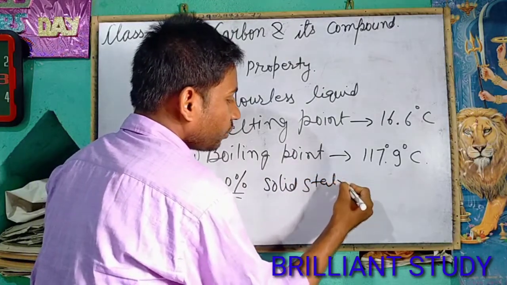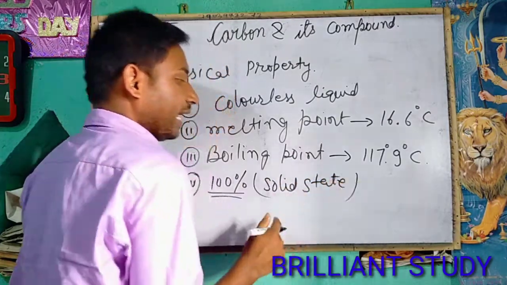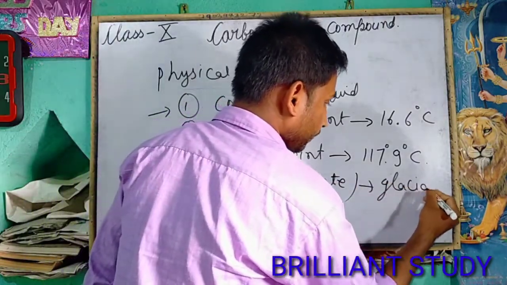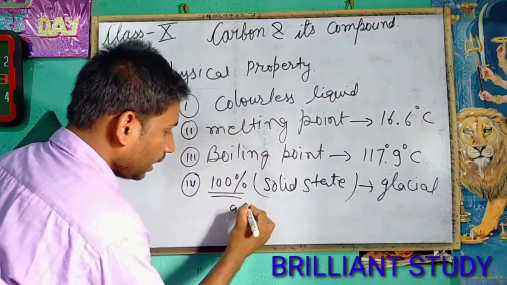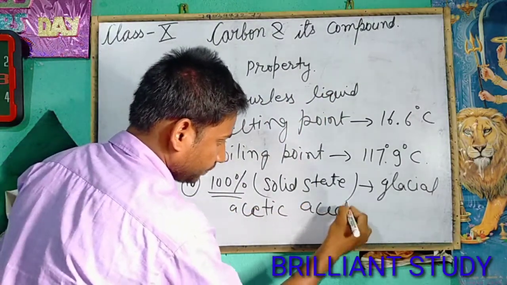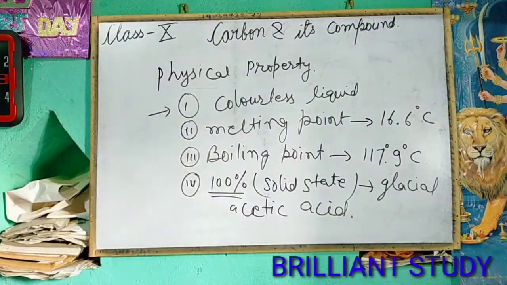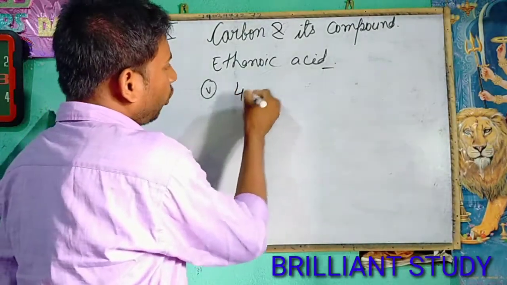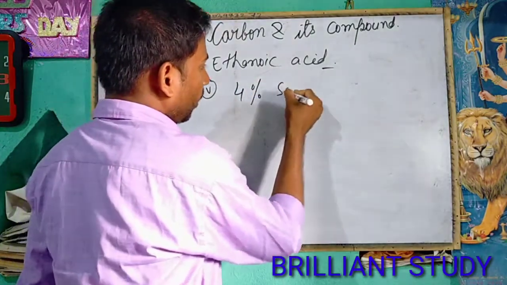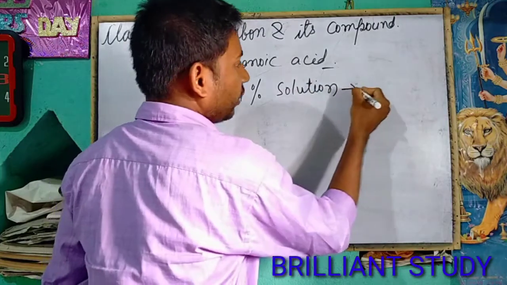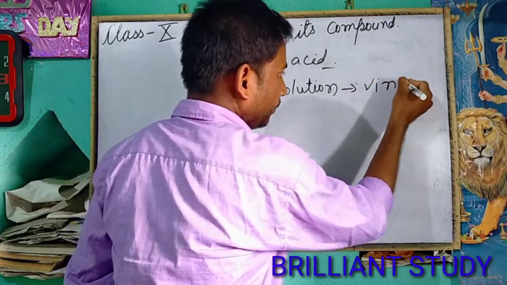At that time it is called glacial acetic acid. And its 4% solution or its 4% dilution is known as vinegar.